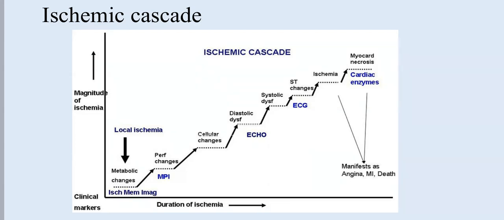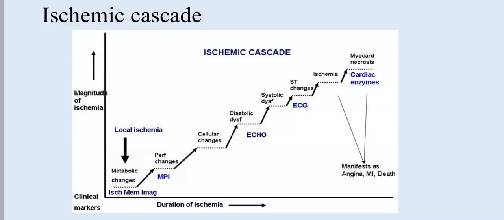So that tells us that when a patient has chest pain, she has already left behind a long cascade of events. When she comes with chest pain, she has already gone through the diastolic dysfunction, systolic dysfunction, and the perfusion defects.